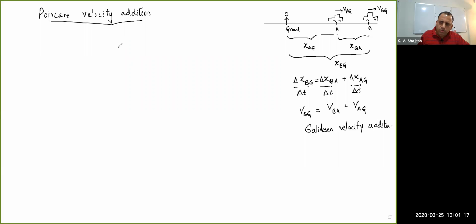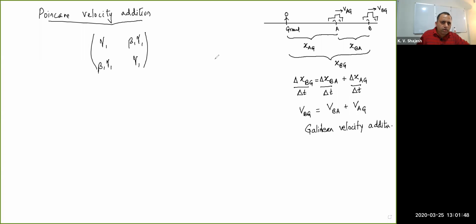Remember, when written as a matrix transformation, we have the Lorentz transformation described by the matrix with gamma 1 on the diagonal and gamma 1 beta 1 off the diagonal. That's a quantity which involves the velocities.